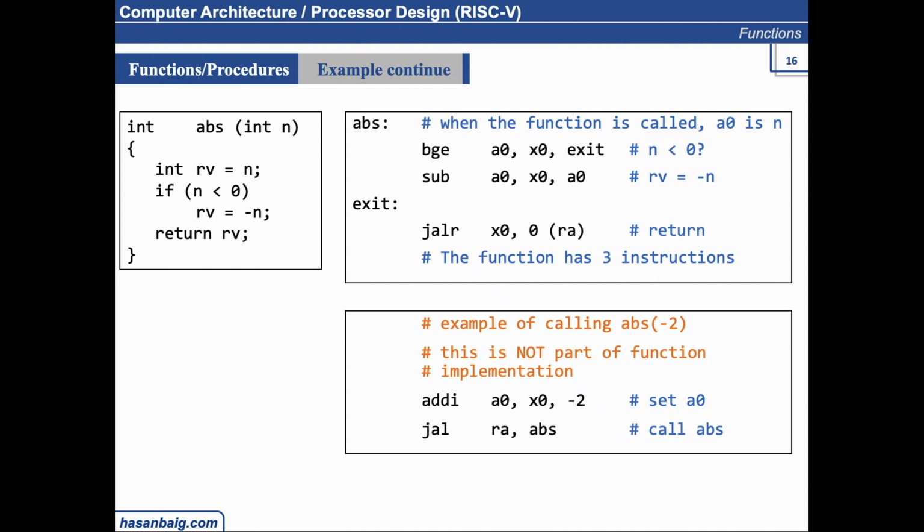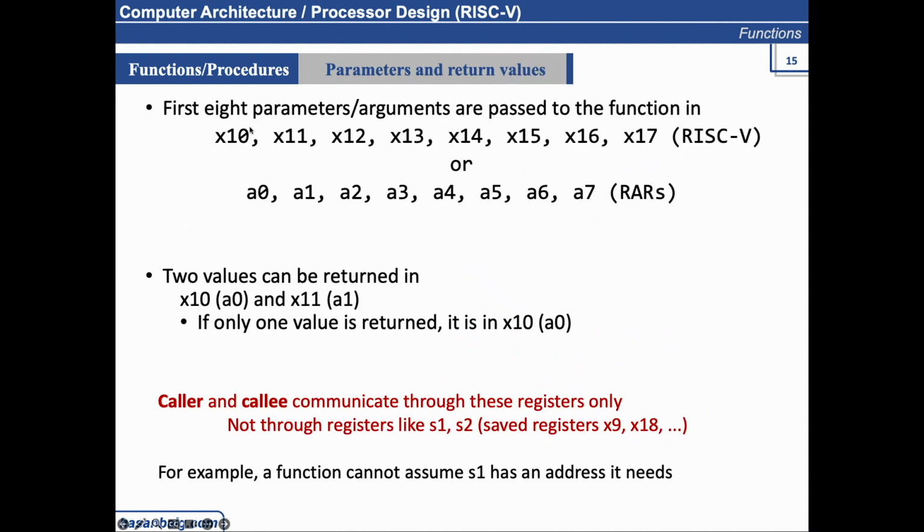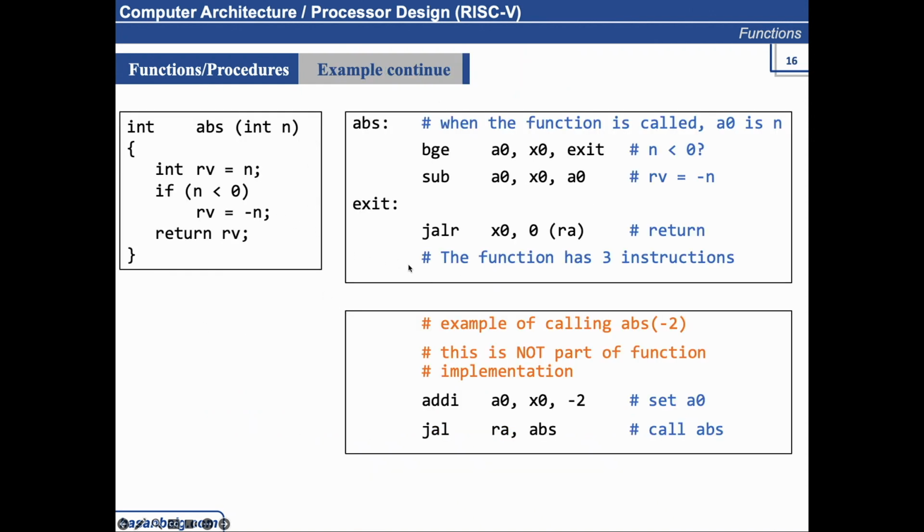Before calling the function, a0 corresponds to x10, argument 0. Any argument that we want to pass to the function, we have to store its value in a0. So before calling the function, we have to store the value -2 into a0. Get it?